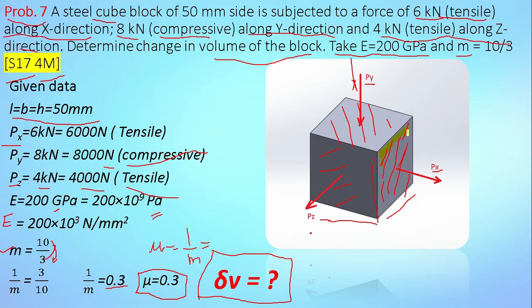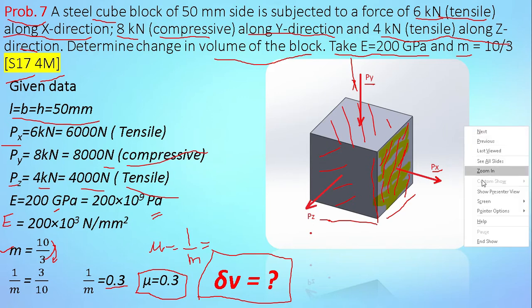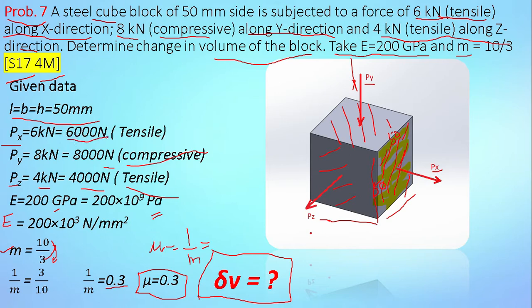This length is 50, this length is 50, so 50 by 50 gives this area, and Px is 6000 Newton.